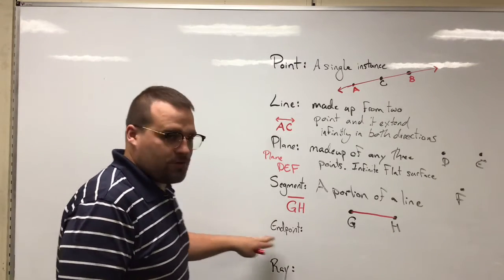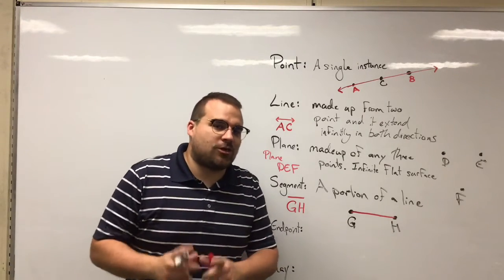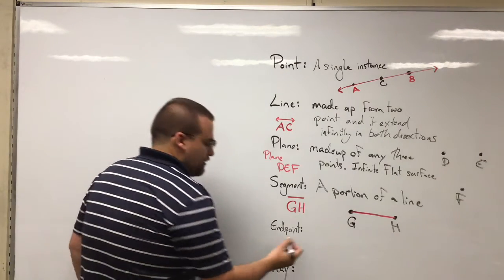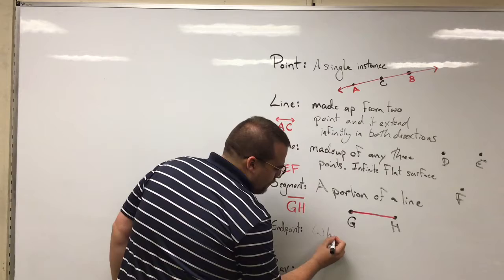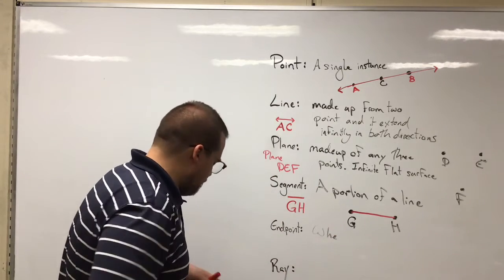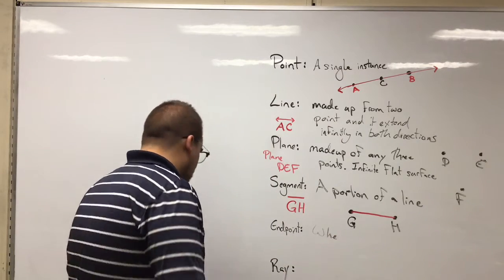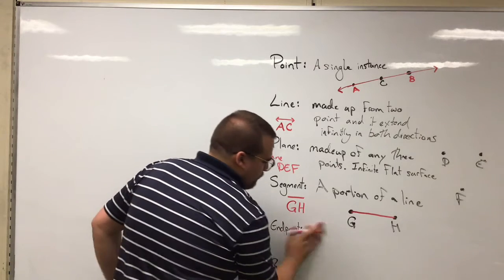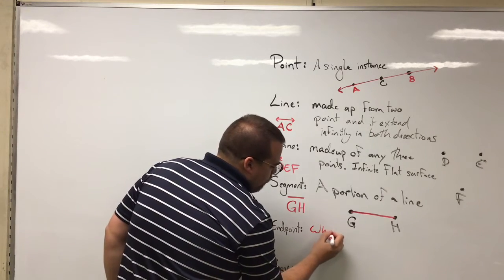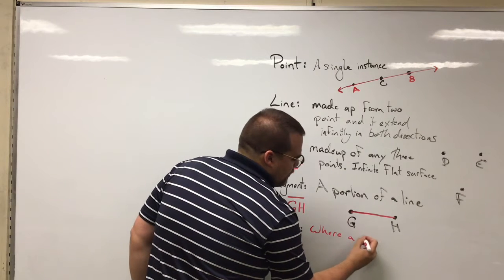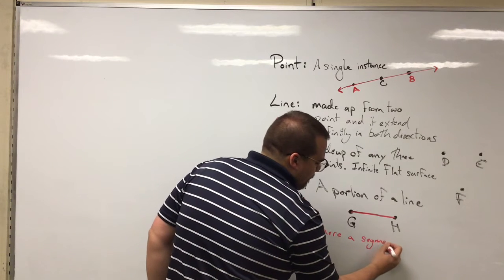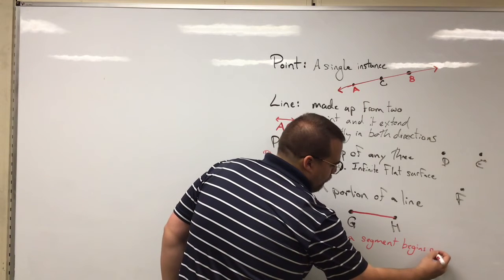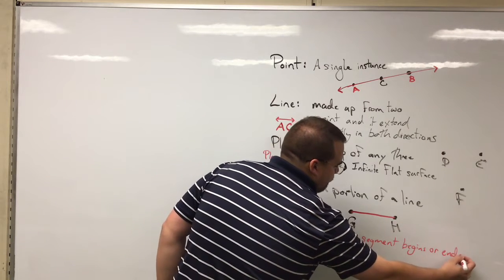Now endpoints is our next definition. This actually goes along with line segments really well because an endpoint is where, I know my marker's dying, I'm sorry, an endpoint is, I'll just write it in red, where a segment begins or ends.